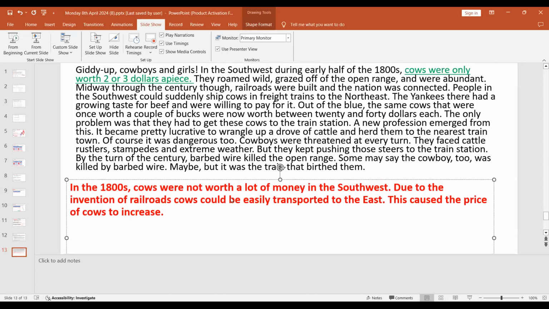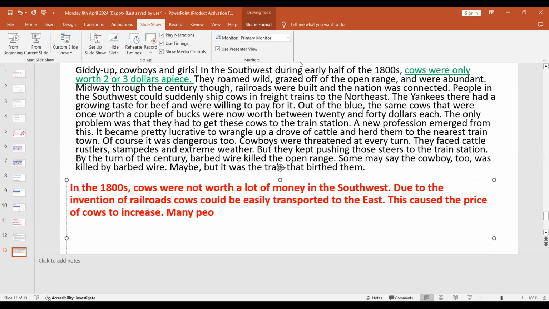Not only did the price of cows increase, but what also happened? What also emerged out of this? Many people also became what?